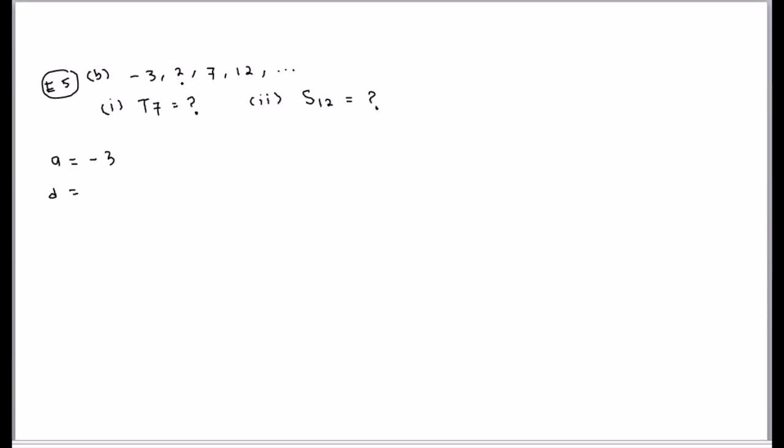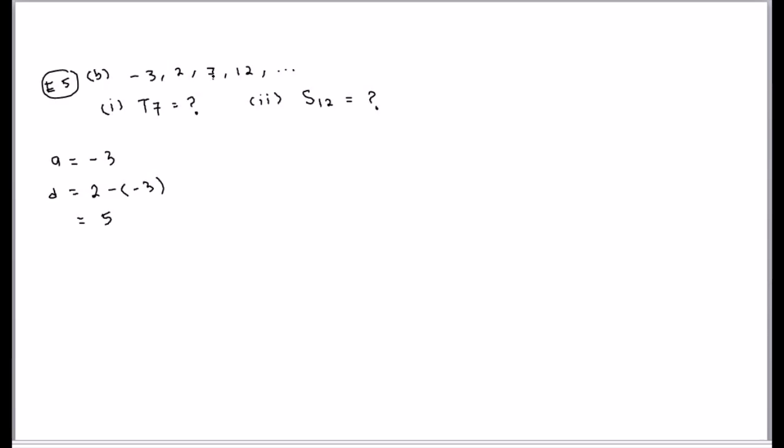Either we do T2 minus T1, T3 minus T2, or T4 minus T3. Either one, we can all get the same answer. Let's say I choose 2 minus negative 3. 2 minus negative 3 is 5. So common difference equals 5.